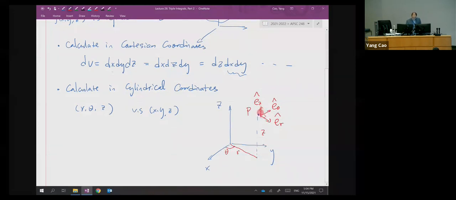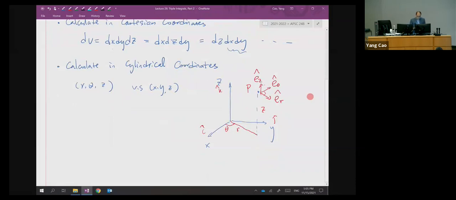And this direction points in the positive z-axis direction. The 3 unit vectors satisfy the right-hand rule, and they are analogous to i hat, j hat, and k hat. As you can see, as P moves to a different location, you have a changing coordinate system, not like x, y, z, which is a fixed reference frame.